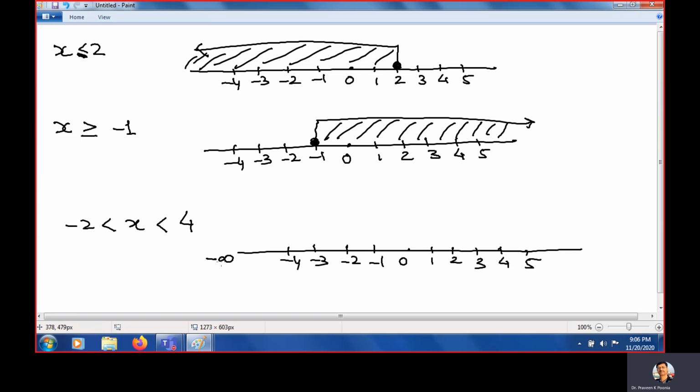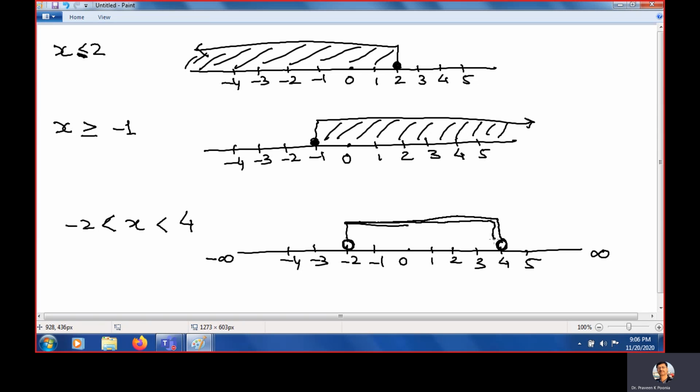If you see, this side is negative infinity, this side is positive infinity. Okay. So it starts at -2, and it is an open dot. Why is it an open dot? Because it is less than only. The x value is greater than minus 2. Greater than means this side. x is greater than -2, but x is less than 4. And also it is an open dot here.